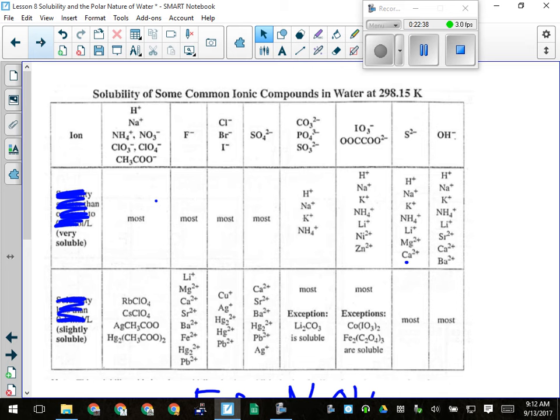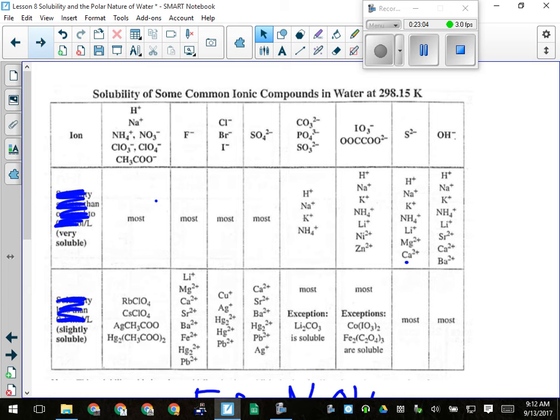Here's how this chart works. If I want to decide whether a compound is soluble or not soluble, I have to look up two parts on here. Along the top row, you'll see a bunch of ions. In this first column we've got hydrogen and sodium, ammonium, nitrate, acetate, chlorate, chlorite, all of that.